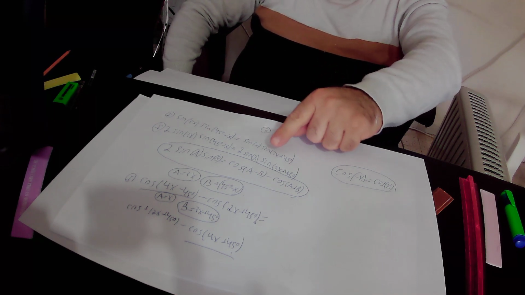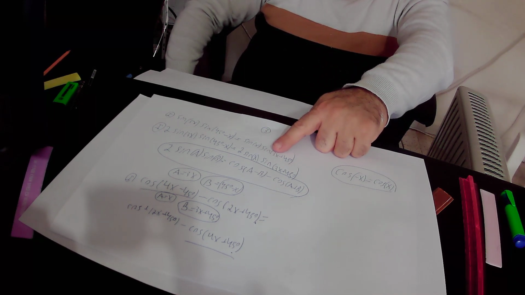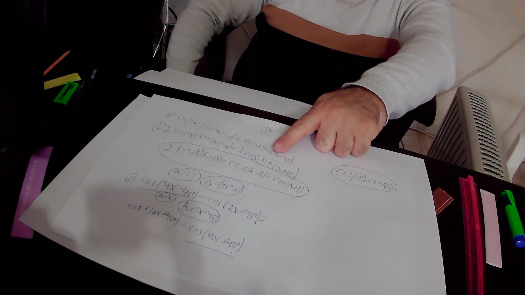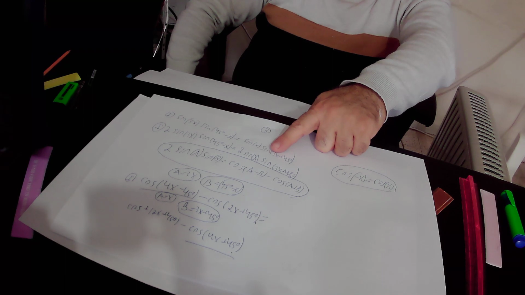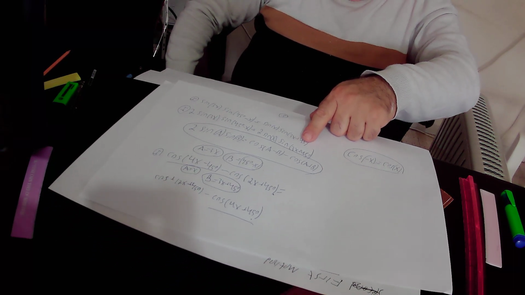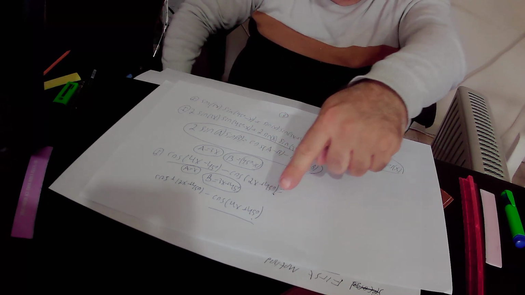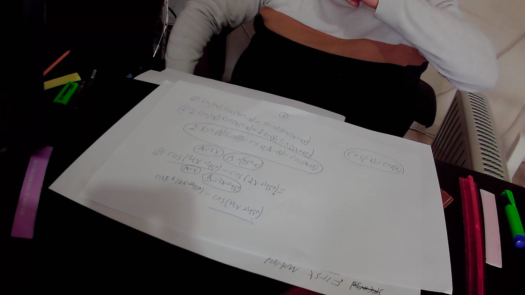Then we treated this expression, and we simplified it according to this trigonometric identity: 2 sine x sine (3x plus 45 degrees) equals cosine (2x plus 45 degrees) minus cosine (4x plus 45 degrees).